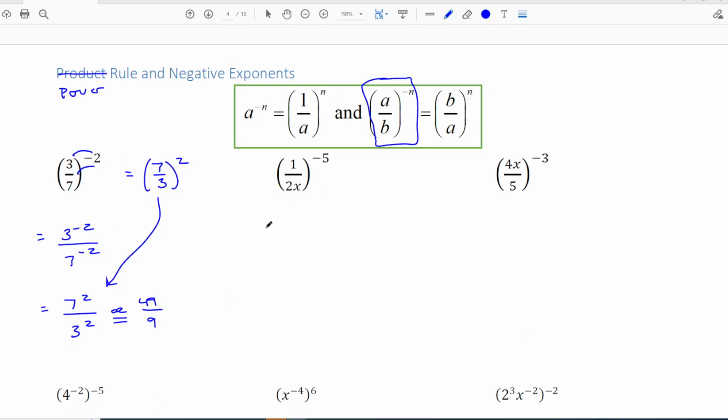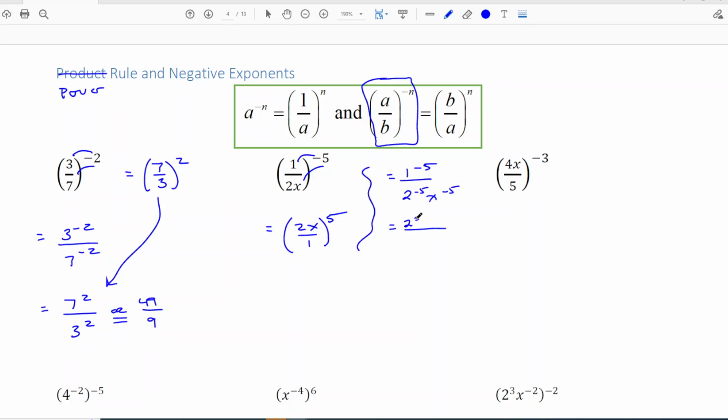So if you have a question like this one, again, you could do the top to the negative 5 and the bottom to the negative 5, or you could flip the whole fraction and make it a positive 5. Whatever makes more sense to you, feel free to do. If I was going to do it the first way, I would do everything to the negative 5: 2 to the negative 5, x to the negative 5, 1 to the negative 5, and then move everything.